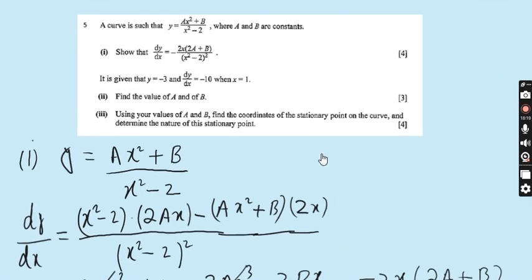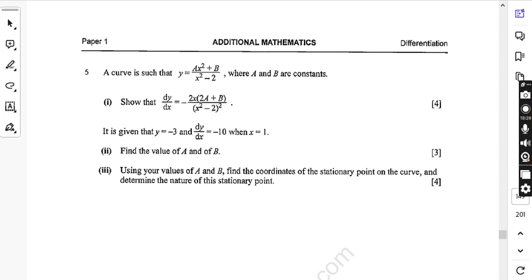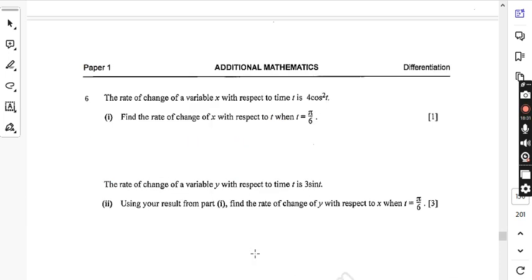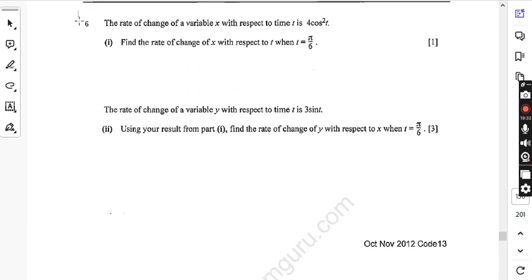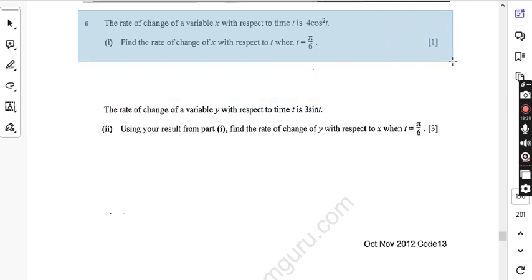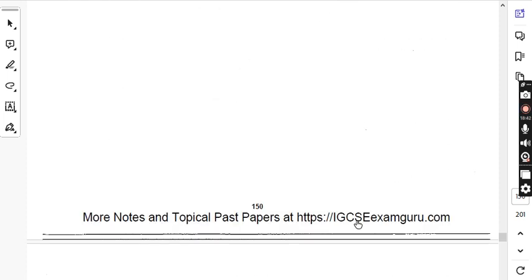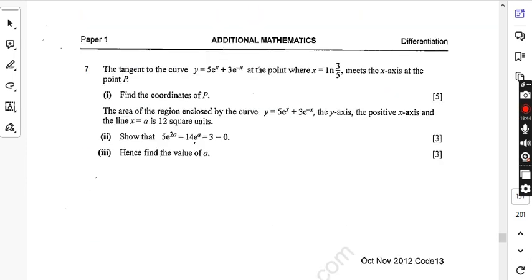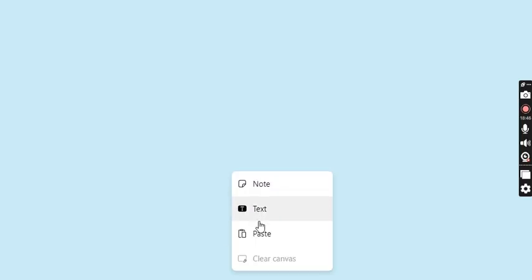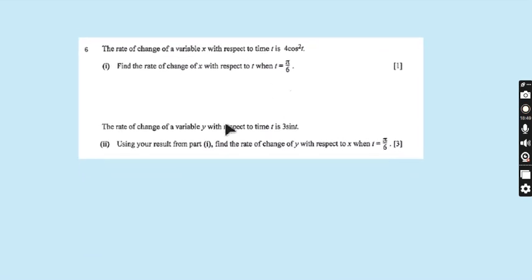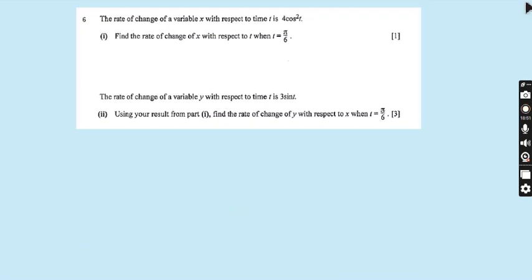Now we are moving to the next question. Question number 6. This is question number 6.